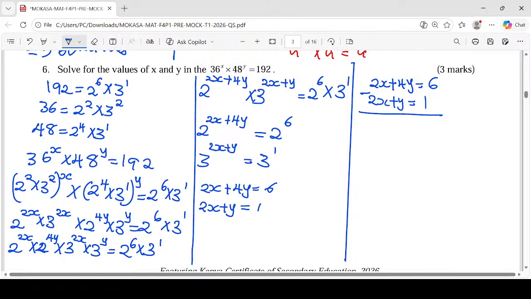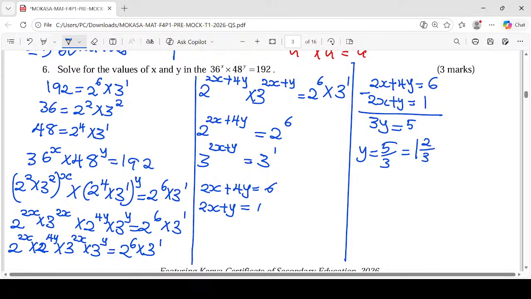Then 4y minus y will be now 3y, being equivalent to 6 minus 1, which is going to give you a 5. So you have 3y is equals to 5. Dividing through by 3, you get y is equivalent to 5 over 3. The value of y is 5 over 3, which is just like saying 1 2/3.